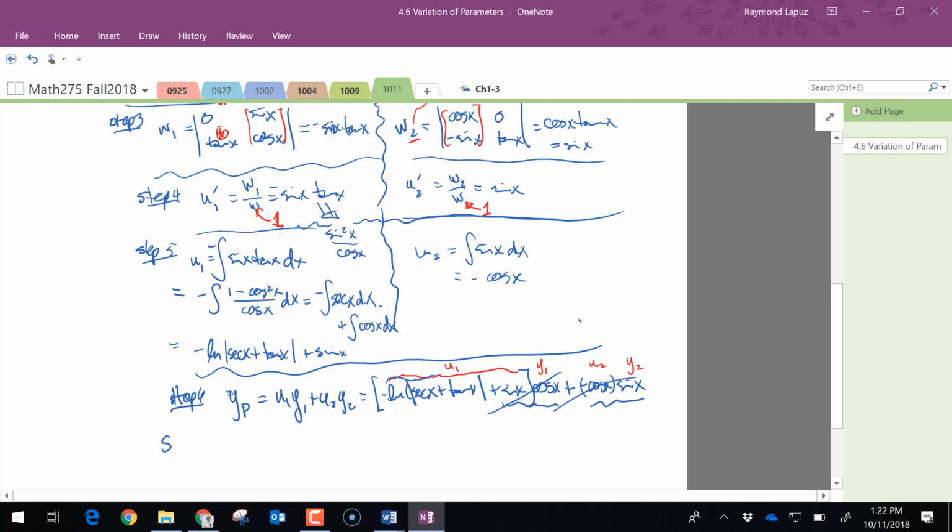Just be careful not to make any algebraic mistakes. And so step 8 or step 7, our last step, the general solution.